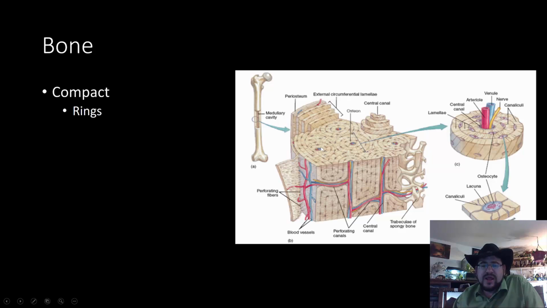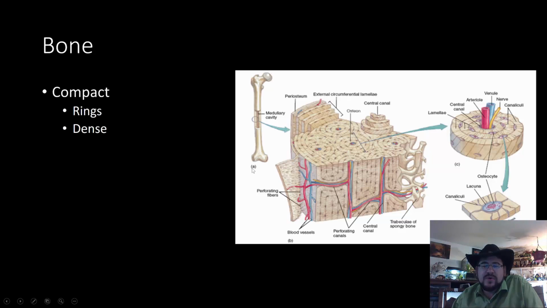So these rings provide strength. You have a large number of these little rings densely packed next to each other. You have a lot of strength. So it is dense and it is strong. We can see right here in this picture, it is what is giving strength to long bones in your body.